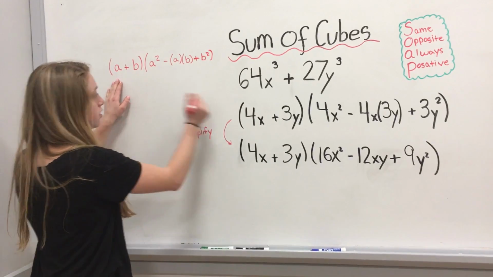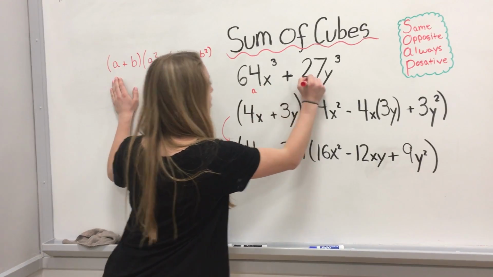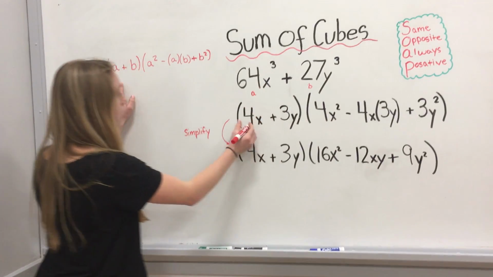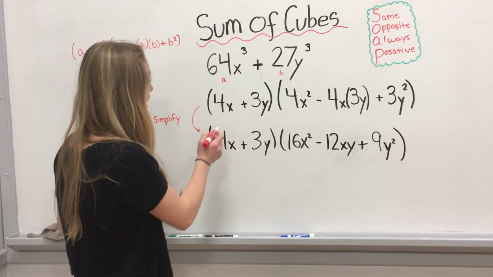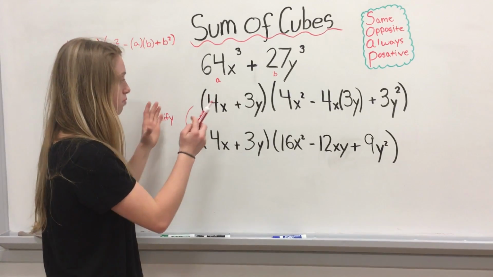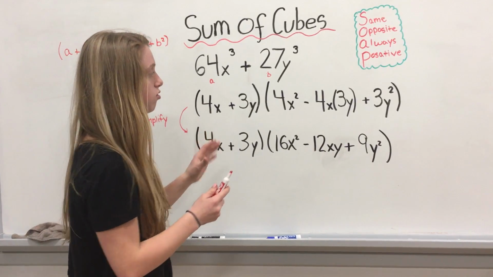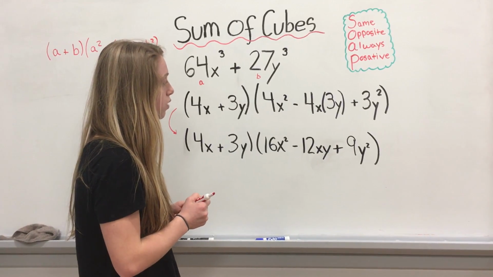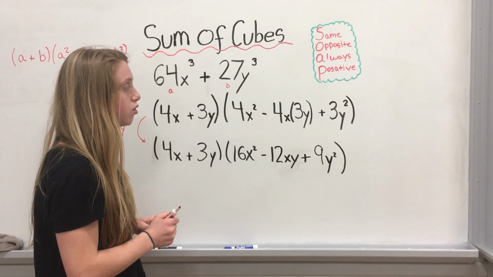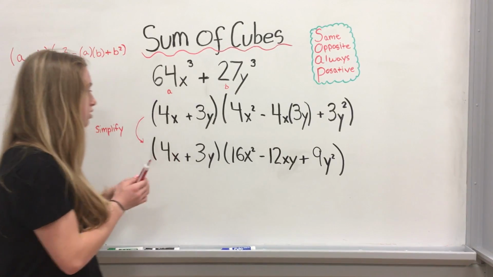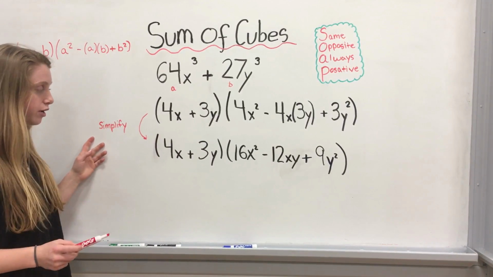So you would just plug this in as a, and this is b. You plug in the cube roots, so you have 4x plus 3y in parentheses, and then in parentheses 4x squared minus 4x times 3y plus 3y squared. And to get from here to here, you would just simplify.